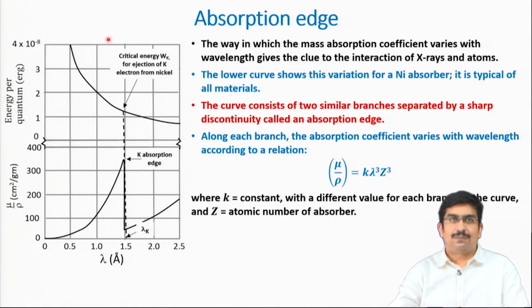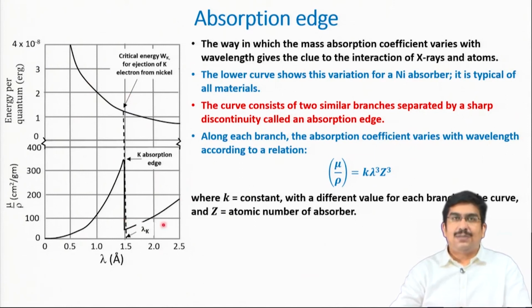And this is the energy per X-ray quantum versus lambda relationship, and you can see that for shorter wavelengths, the energy of the X-ray beam is correspondingly very high. Okay.